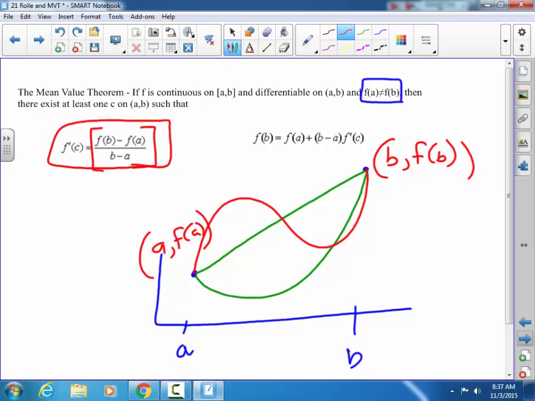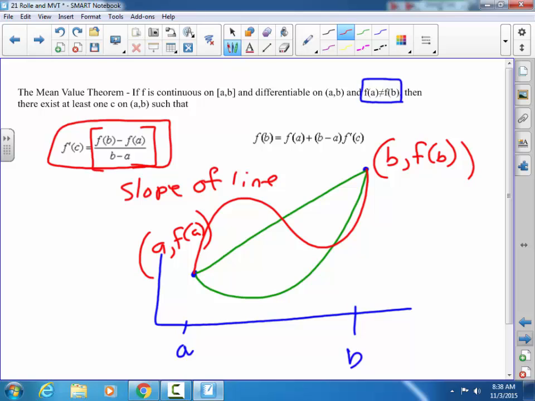The slope. This is finding the slope of a line, is all it's doing. And that's what we talked about in the first question: if we can find the slope of that line, then there has to be somewhere that the derivative is equal to the slope of that line. Okay? And that just makes very intuitive sense to us, okay?